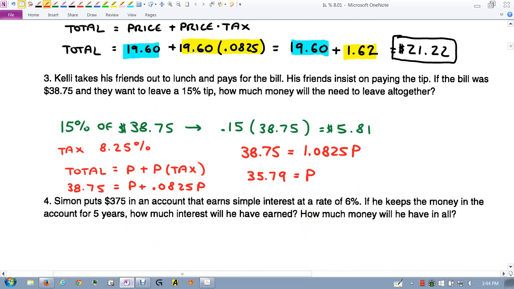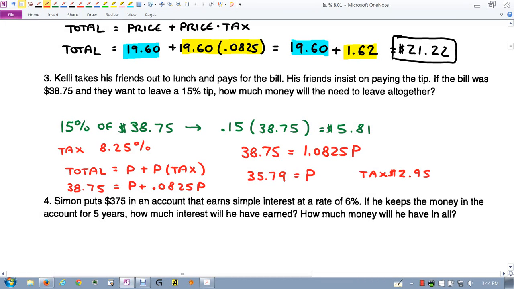So how much was the tax? Subtract these two and that's how much the tax was. So tax was, what did you say, 2.95?